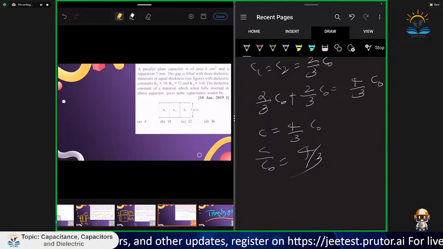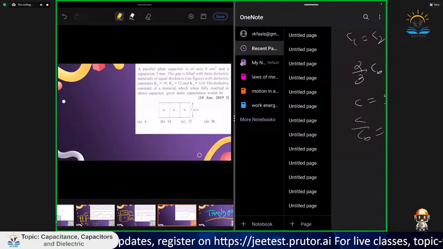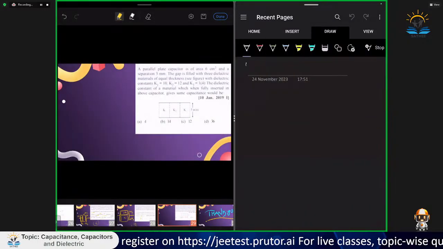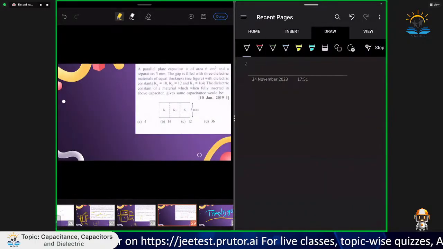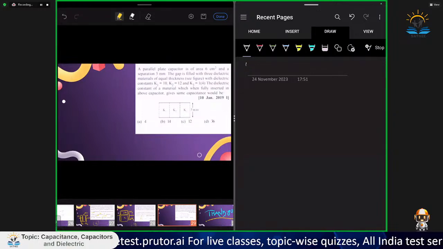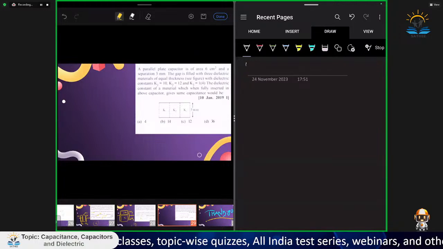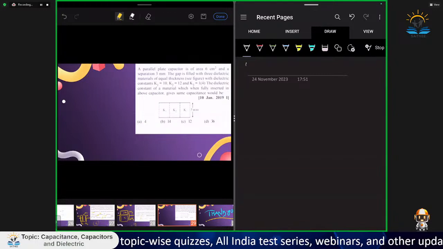This is our next question. A parallel plate of area 6 centimeters square and separation 3. A is given, D is given. The gap is filled with 3 dielectric materials of equal thickness. They are area wise, and area wise means parallel, right?